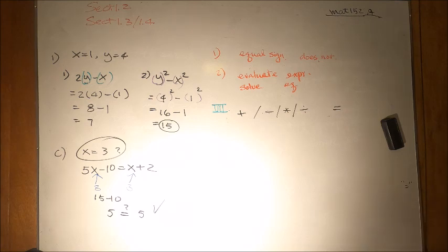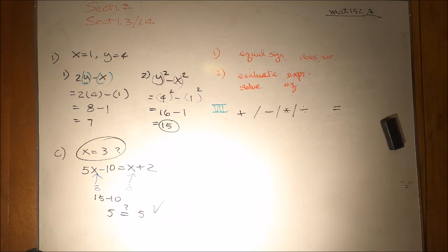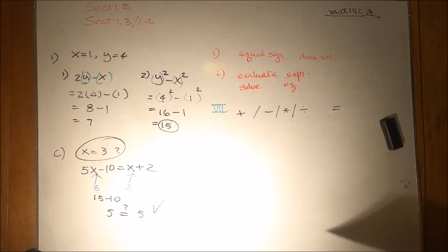So when we try to solve problems, they are all written in English for you. So we have to change the English to math language, so we can resolve it that way.